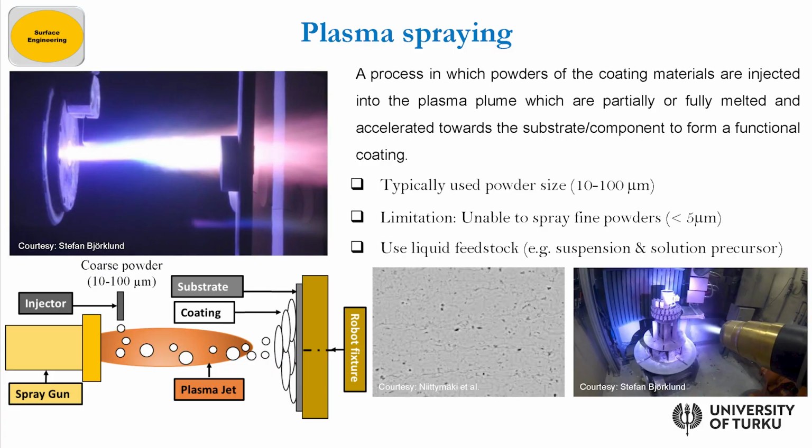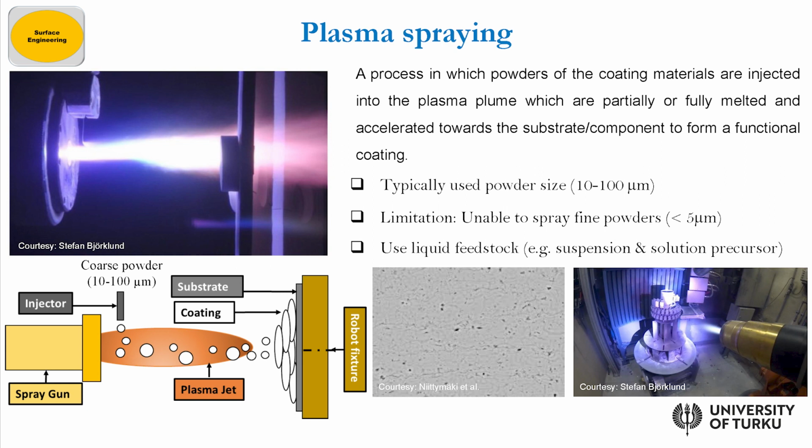So plasma spray is one of the thermal spray processes where we use feedstock or a raw material in the form of most typically powders, but we can use wire, we can also use liquid, and we inject these raw materials or feedstock into the plasma, where the material is melted and accelerated with certain speed towards the component, where this molten material splashes the component and forms something like pancakes.